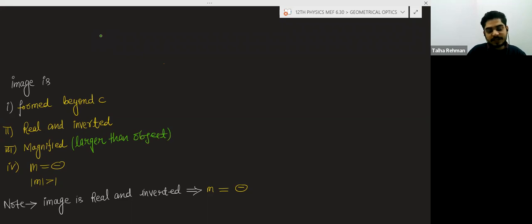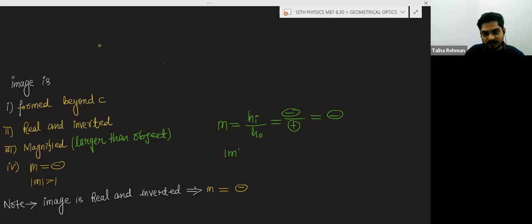So now you can see here why the magnification is negative. Magnification is height of the image divided by the height of the object. So height of image is below the principal axis, so it is taken negative, and height of object is above the principal axis, so you will take positive. So finally it will be negative.